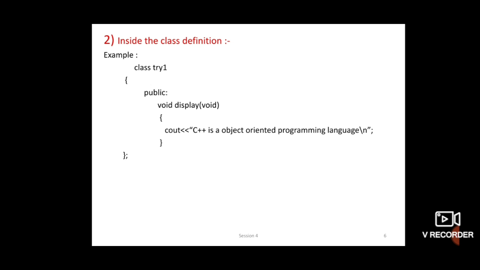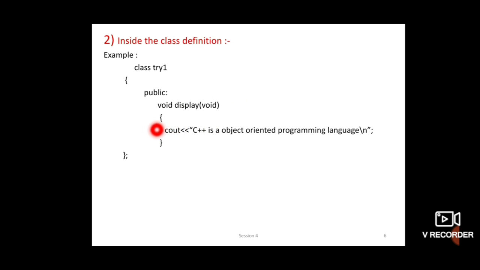Now see a direct example, because the class format is the same for both. See here, class try1, then begin, public is the access specifier, then colon, void display void, this is a member function, then begin. Immediately write whatever coding goes under the member function.